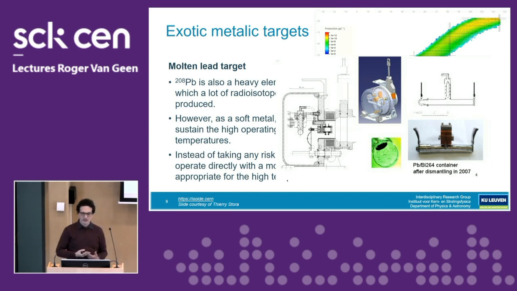And of course, if you start thinking about such a target, a high intensity version was researched for a very long time, and I believe quite a few of you are familiar with the LIBE project, where it was a molten lead bismuth target to be investigated.